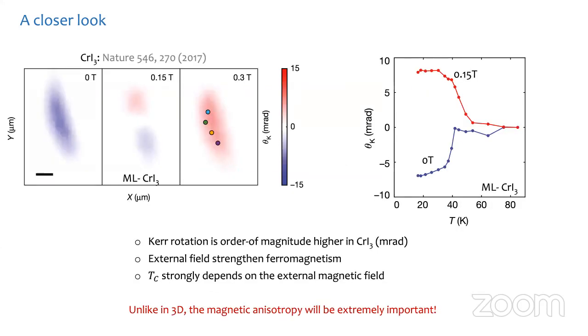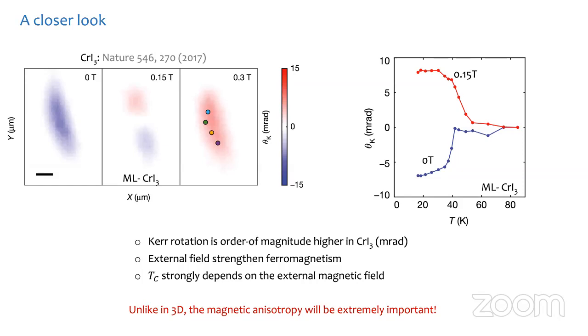Then we look into the other material, which is CrI3, and I will mostly spend my time on this material later on. Okay. Similarly to the previous material, the Kerr rotation is also very small, but in milliradians now, which is an order of magnitude higher than the other material. Okay. And then it is also similarly observed that the external field strengthens your ferromagnetism.